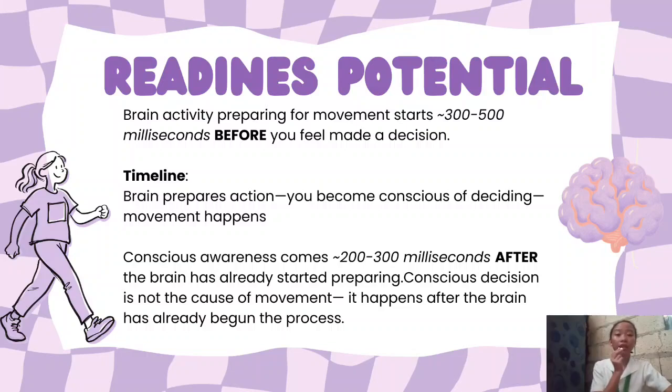So, finally, let's wrap up or summarize all the things that we have learned today. So, first is the basal ganglia, which controls starting, stopping, and strength of movement. Then, the pathway, which is the direct and indirect. Direct is for the go signal, and indirect is for the stop signal. Then, conscious decision, which is the brain prepares movement before you are aware of it.